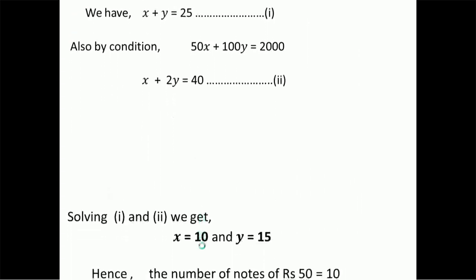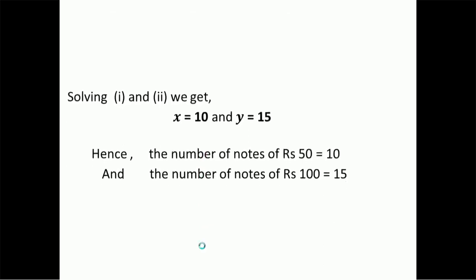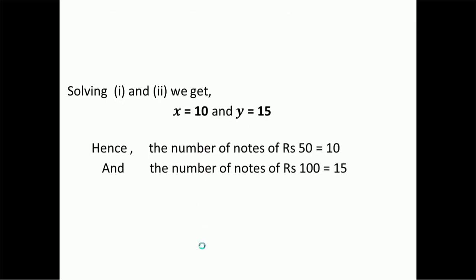On solving these equations, we get x is equal to 10 and y is equal to 15. So x is nothing but the 50 rupees notes and y is nothing but the 100 rupees notes. So number of notes of rupees 50 is 10 and number of notes of rupees 100 is 15.